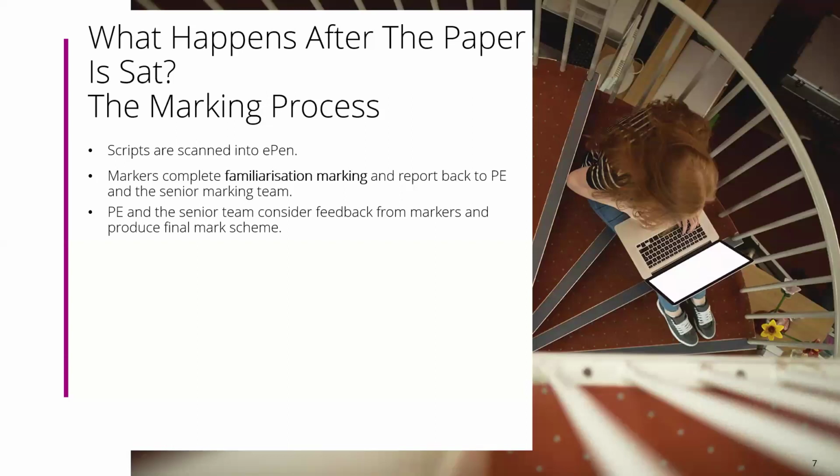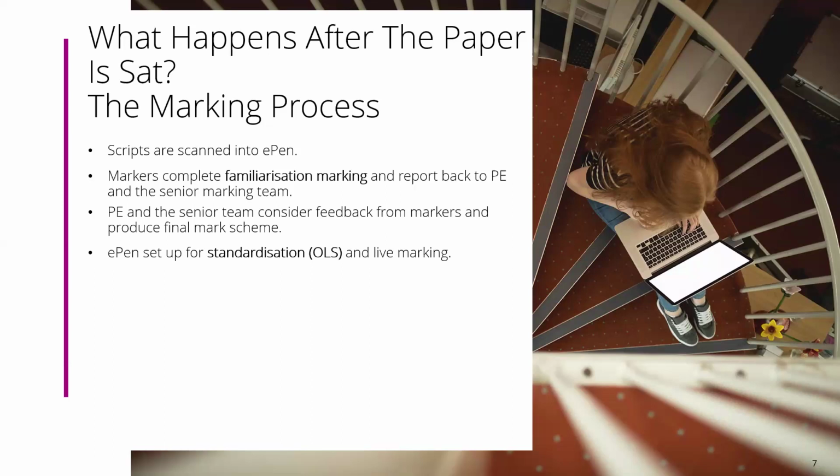It won't be a full rewrite, but we will amend it, and we'll take into account all of that feedback that we get back in from markers. So we end up with a final mark scheme. And at that point, I ask markers to destroy the draft mark scheme they've been using, and only then use the final mark scheme.